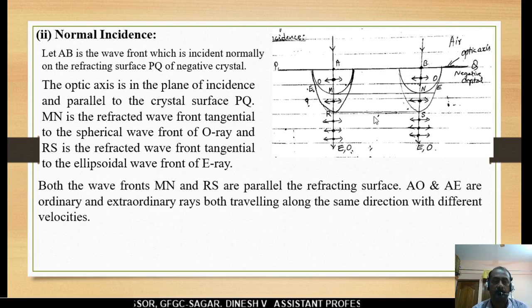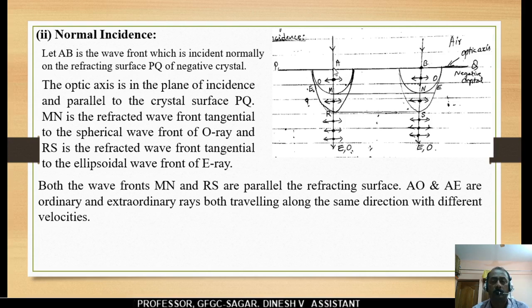In this case, both the wavefronts MN and RS are parallel to the refracting surface PQ.